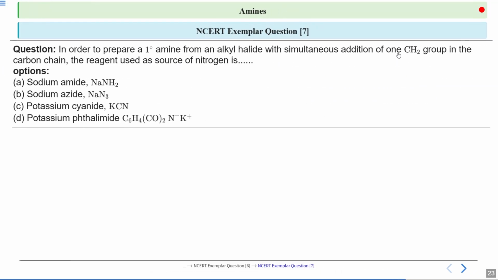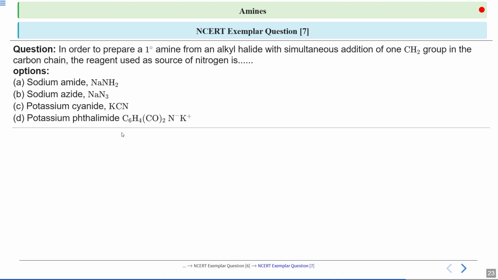Now there is the next question, NCERT Exemplar question 7. In order to prepare a primary amine from an alkyl halide with simultaneous addition of one CH2 group in the carbon chain, the reagent used as a source of nitrogen is: first, sodium amide, NaNH2; sodium azide, NaN3; then we have potassium cyanide, KCN; and last we have potassium phthalimide, C6H4(CO)2N⁻K⁺.